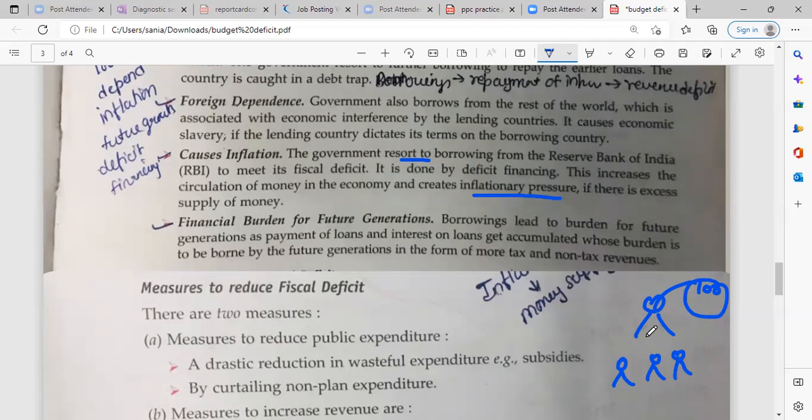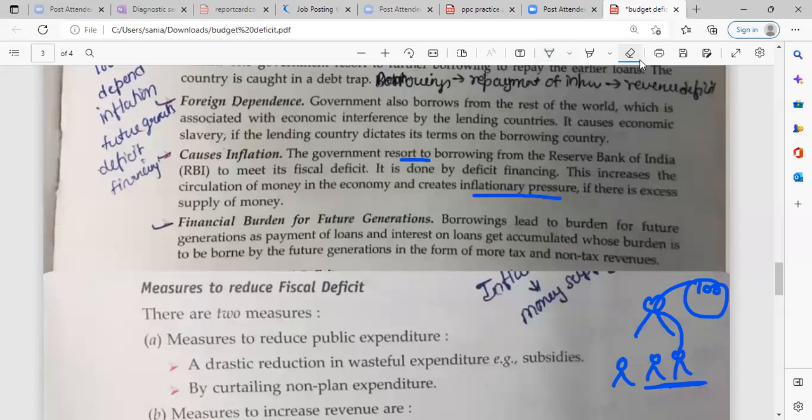Somewhere, maybe he was an old man, and he's no more. Then what will happen? Automatically, that loan will be transferred to this person. Whatever he borrowed, now his children have to pay. This happens.